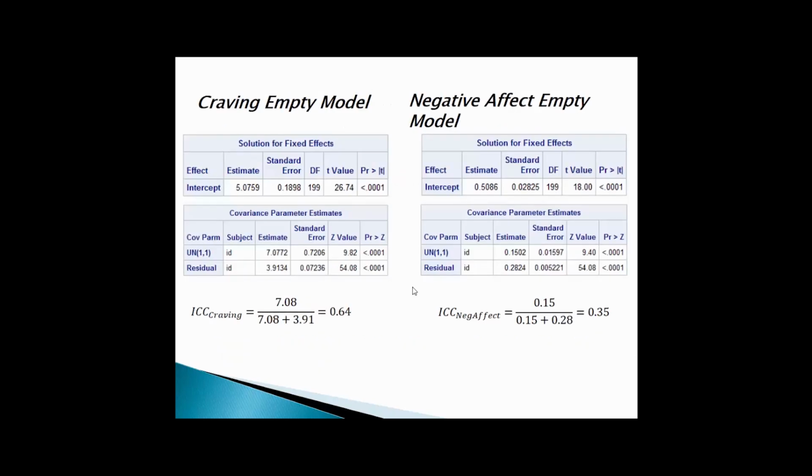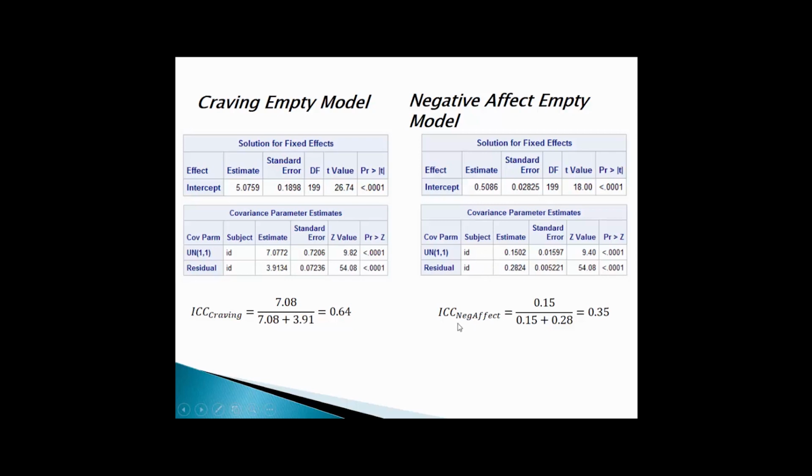On prior slides, I was splitting up the variability in craving into the between and the within, and I've just duplicated that output on the left-hand side of the slide here. But I'm also doing this for negative mood on the right-hand side. You can see I calculate a negative mood mean across all people and observations of about 0.5. But then I also estimate the between and the within person variance using an empty model.